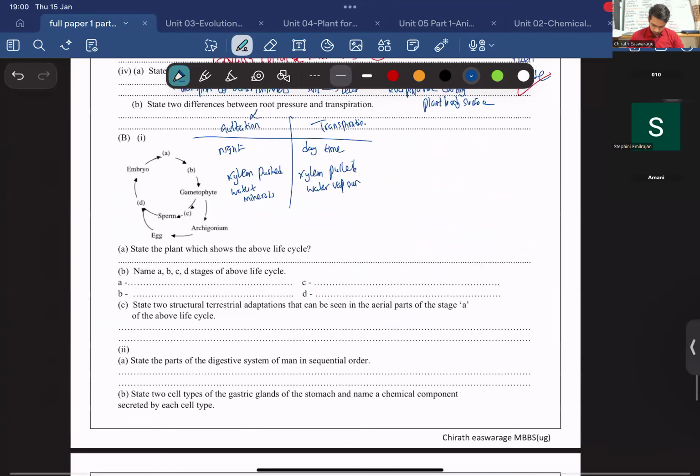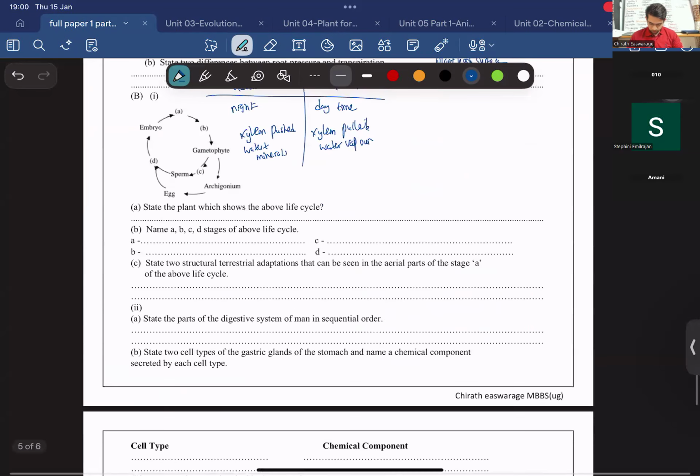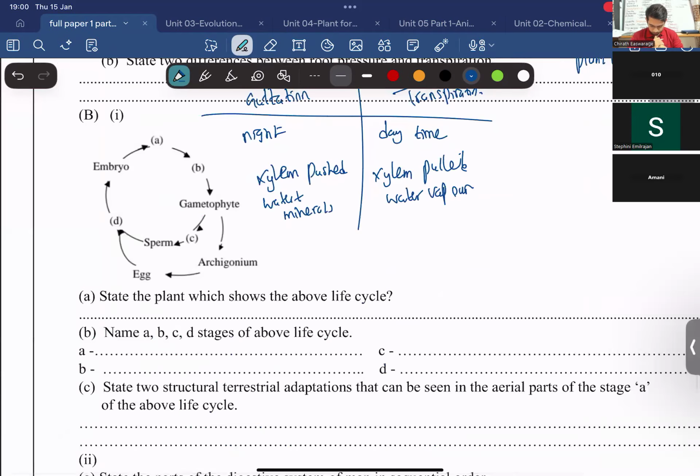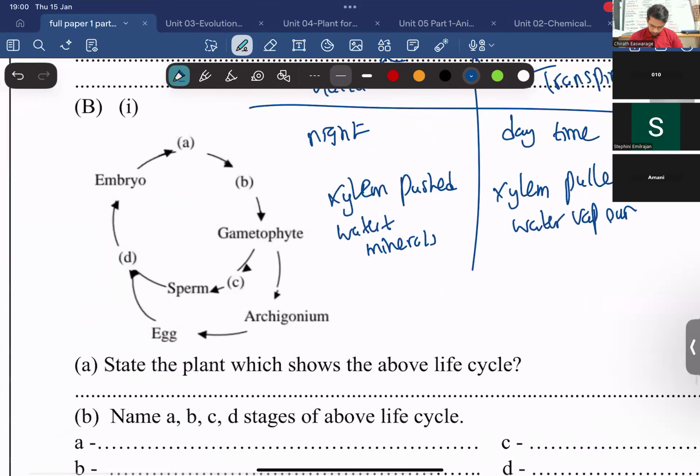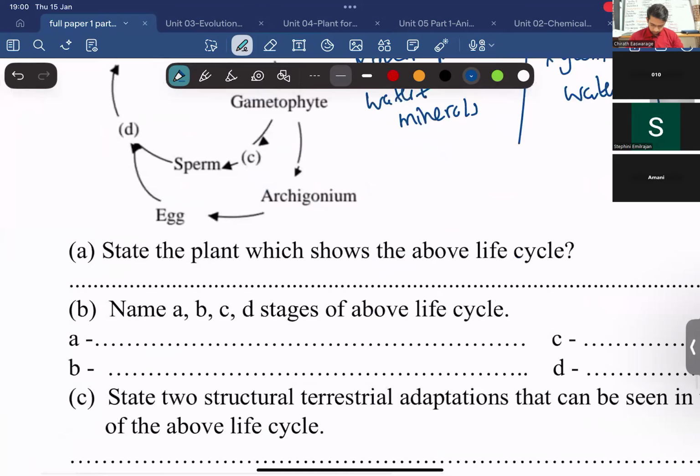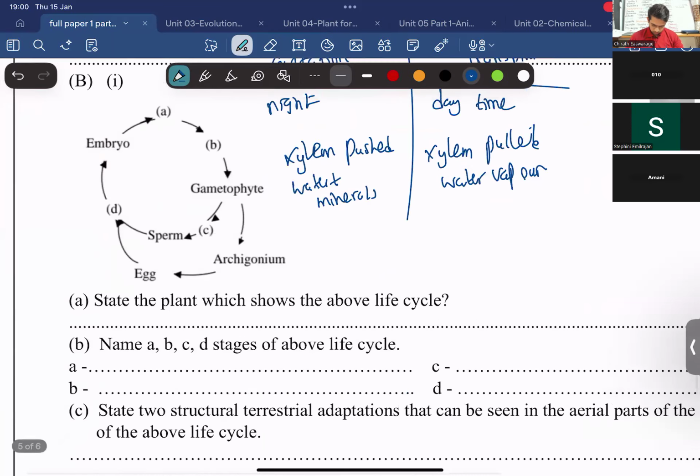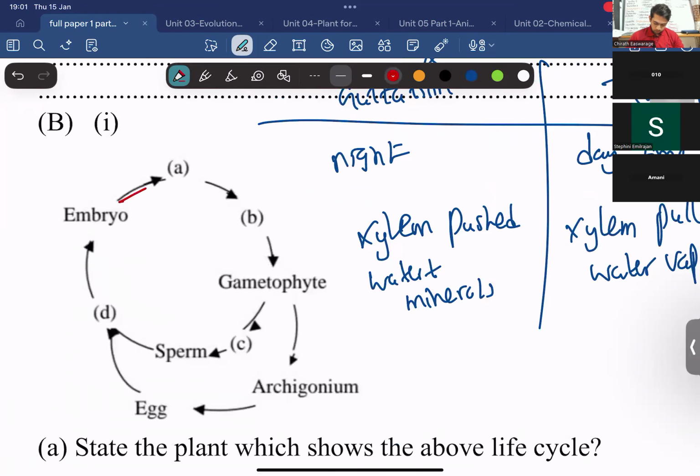State the plant which shows the above life cycle. Let's first label this, it's easier afterwards. Let's quickly label. So what is the embryo producing? A sporophyte. Neither. The embryo is produced after fertilization. Sporophyte is going to produce spores. Spores are going to germinate into the gametophyte.